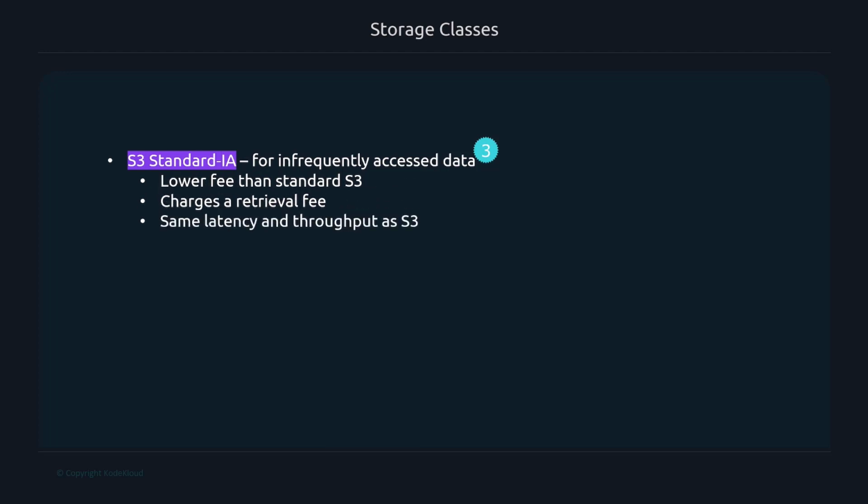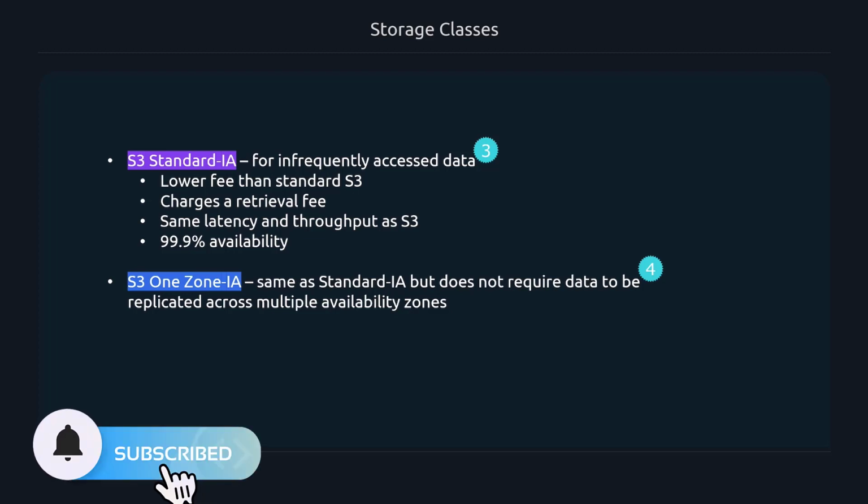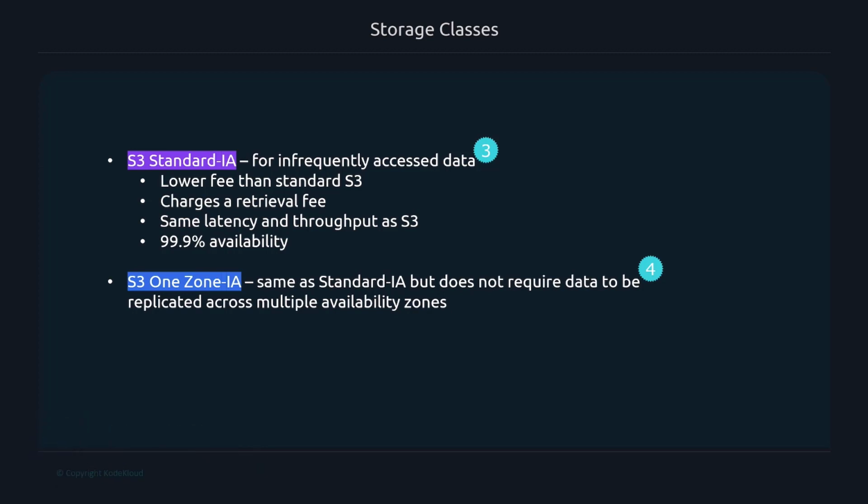It has the same latency and throughput as S3 Standard, and it has 99.9% availability. Then you have S3 One Zone Infrequent Access. This is the same thing as S3 Standard-IA, but it doesn't require data to be replicated across multiple availability zones. So if you don't need that extra durability of having it across multiple availability zones, then this is going to be a cheaper option because it's only spread across one data center.